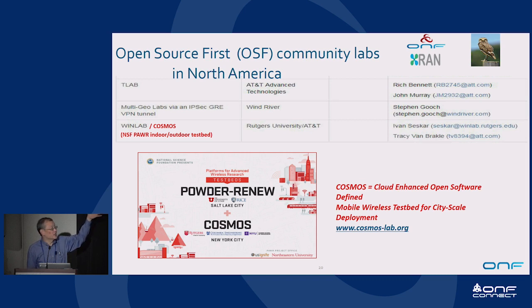That's actually at Rutgers University in New Jersey, and now that's part of a larger effort they're calling Cosmos, which has not only Rutgers but also ties to Columbia and NYU universities in New York City. So just a kind of preview of some of the open source test beds, I guess, that are going to be coming out.